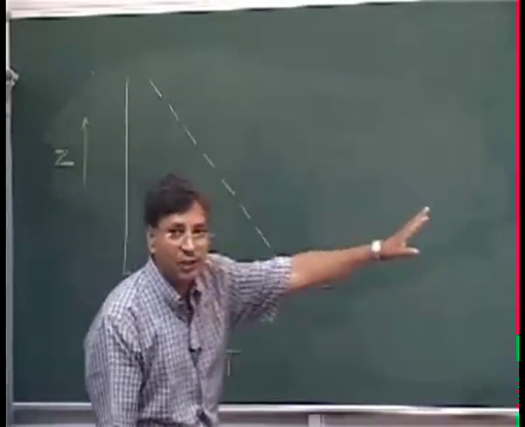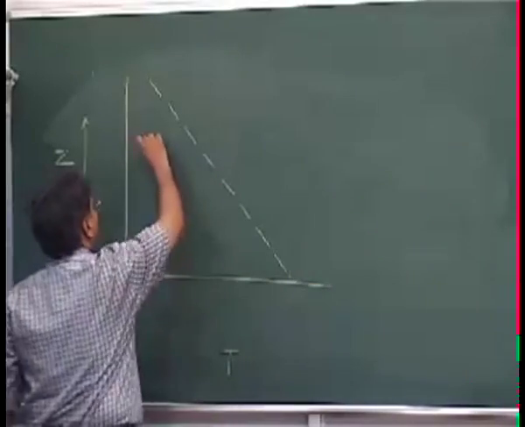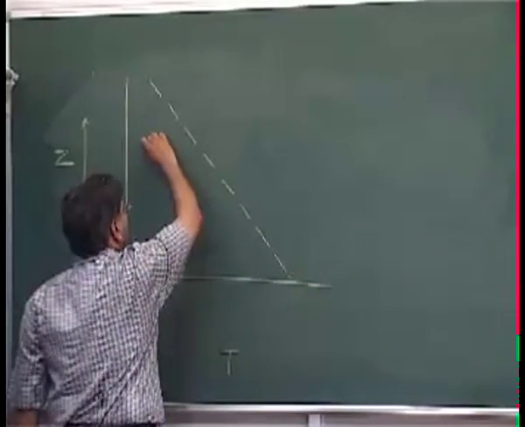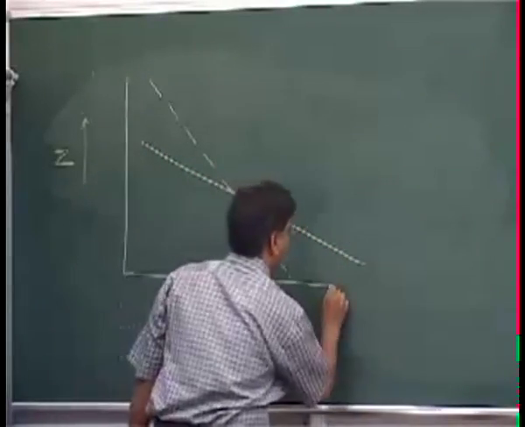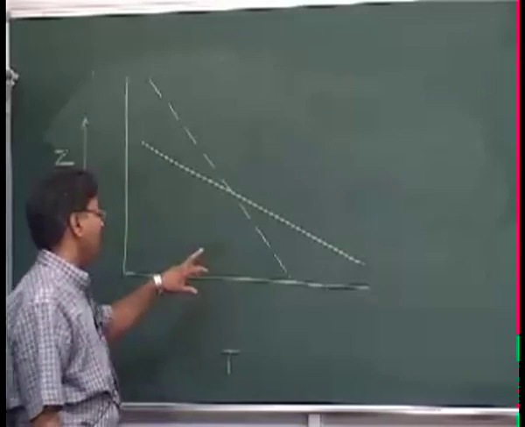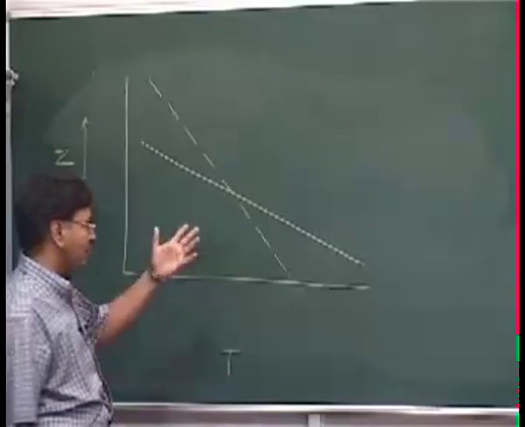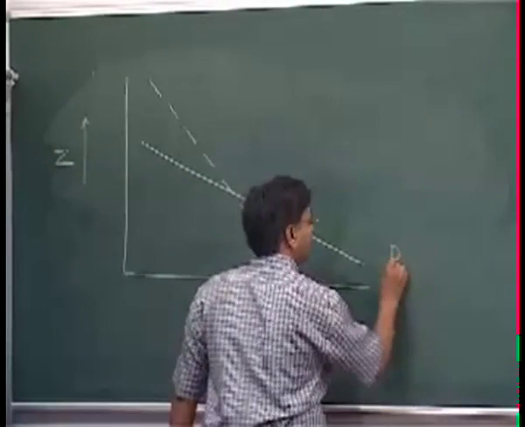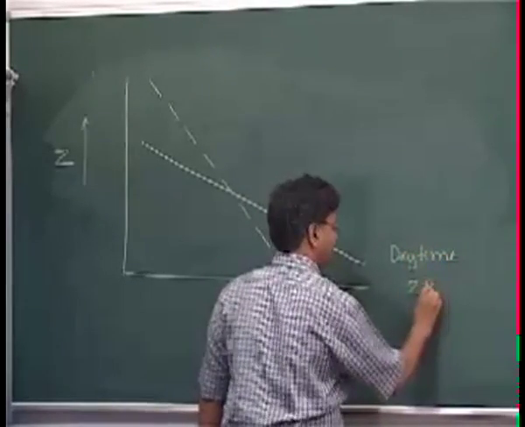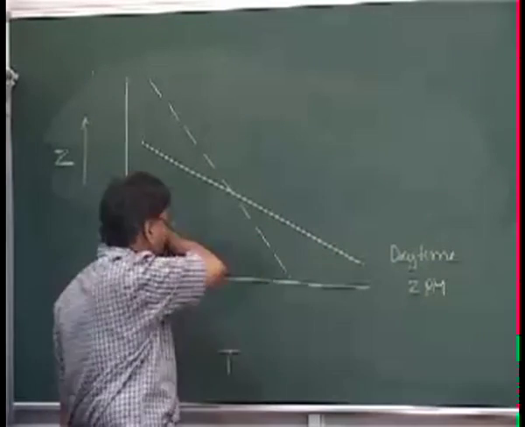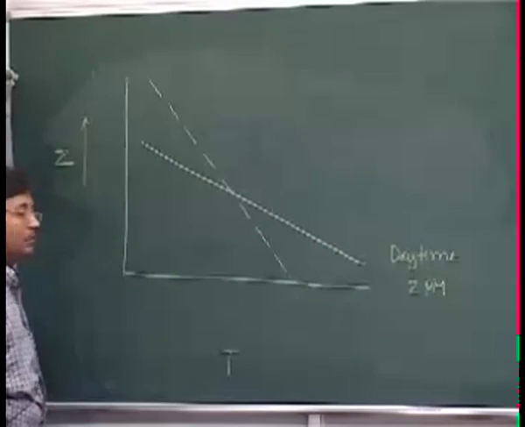We talked about the temperature, but now I want to say what will happen to the pollutant, and let's say the situation is something like daytime, let's say 2 p.m.